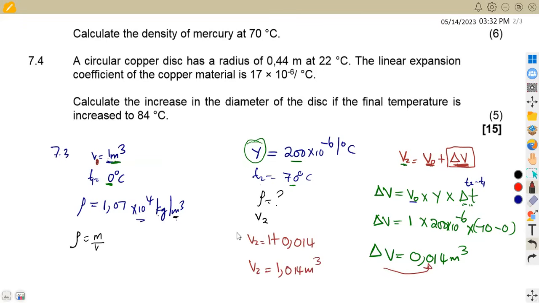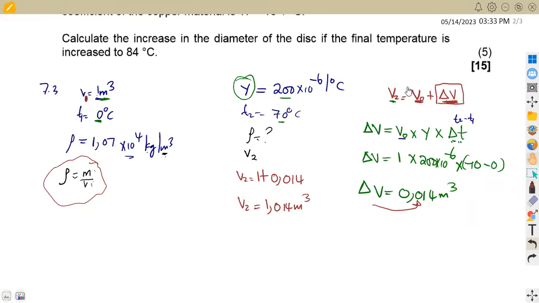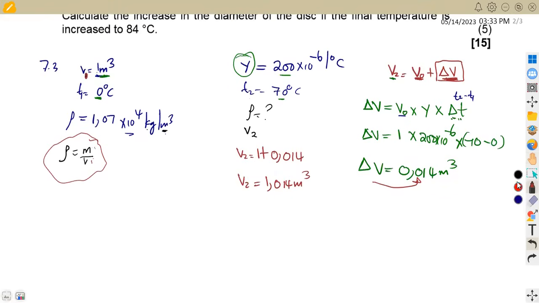Remember, why am I calculating this? Because density can be calculated from mass over volume. So if we calculate density from mass over volume, it means that we are going to take the mass that we are given, in this case, for the second part.